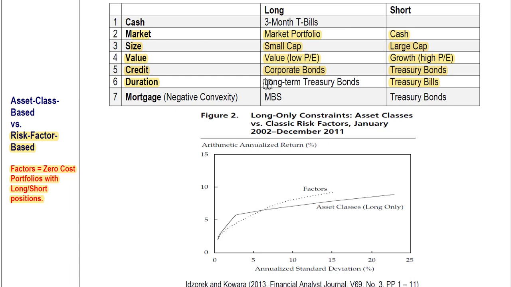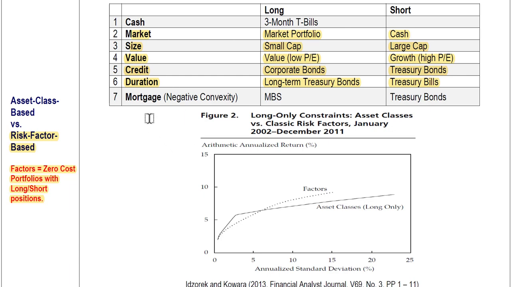And then we long the long-term treasury bond, which has no default risk. So the difference here, long-term bond minus short-term bond, gives you a premium for duration, which is the interest rate risk premium.